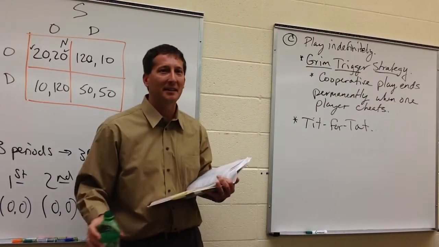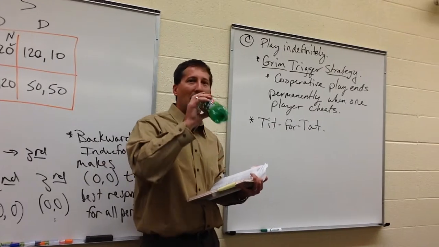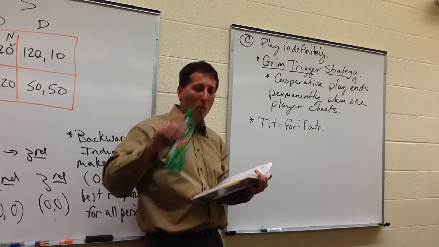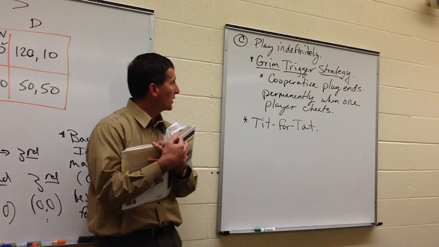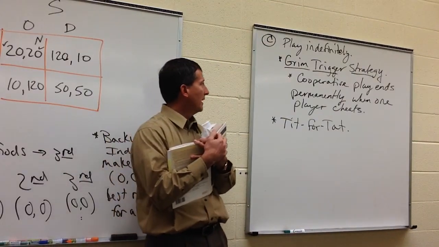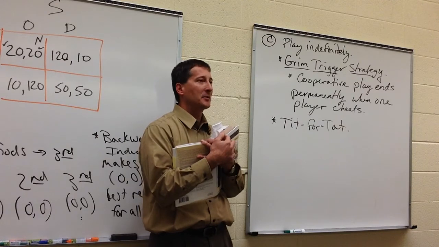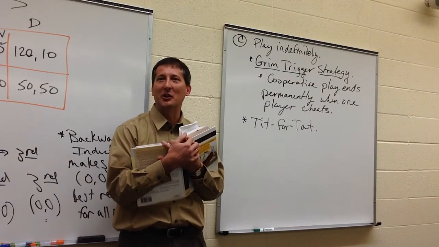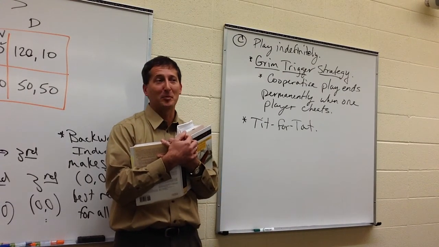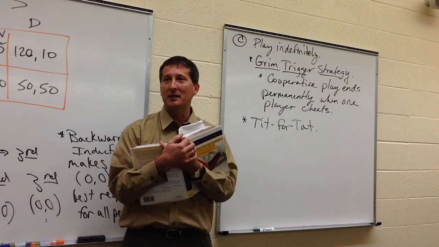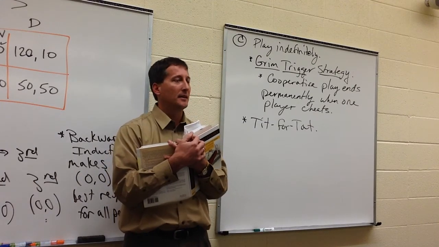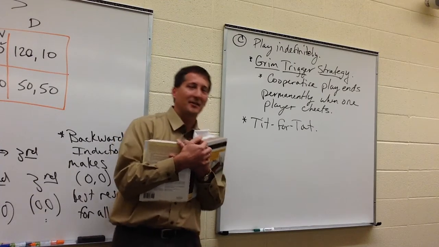Maybe you've used that. So the Grim trigger strategy is, you screw me, I'm screwing you forever to your grave. Because this game's played indefinitely, right? Tit for tat's a little bit different than that. So tit for tat, what does that mean?